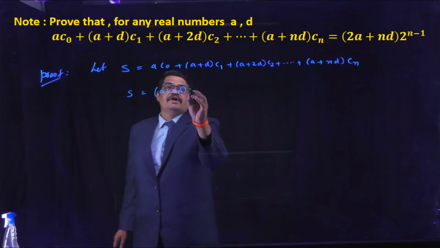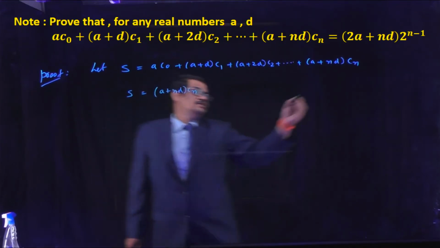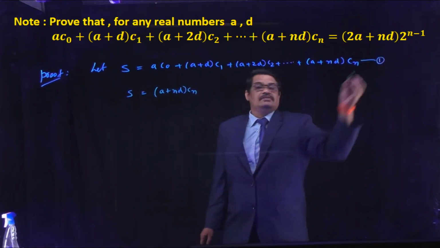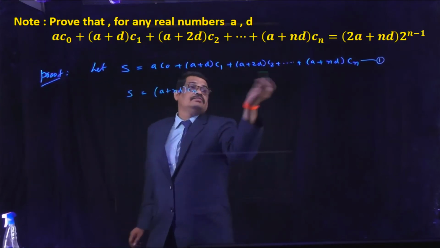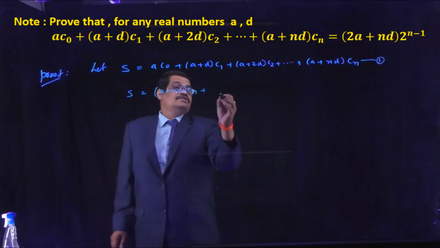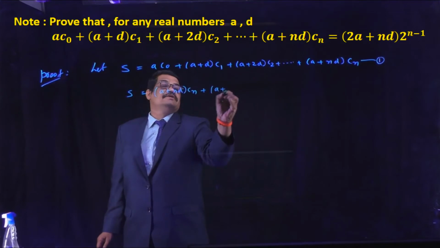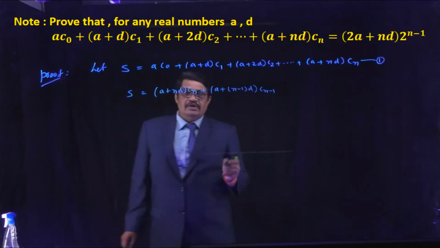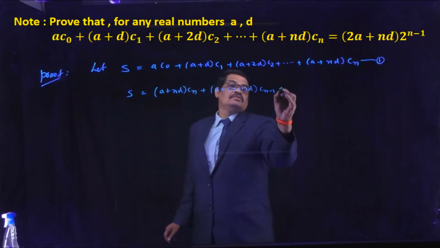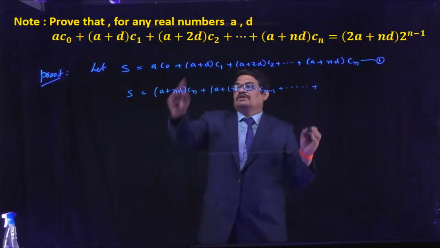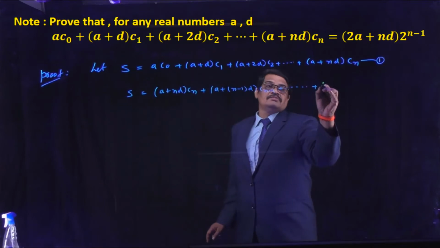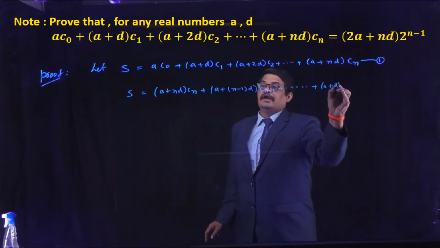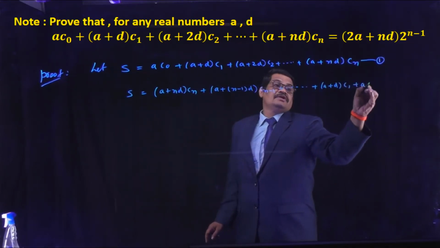This is equation 1. Before this term is (a plus (n minus 1) d) Cn minus 1 and so on. So the last two terms are (a plus d) C1 plus a C naught.